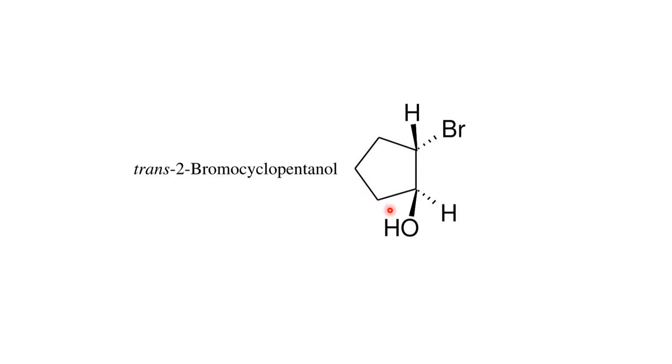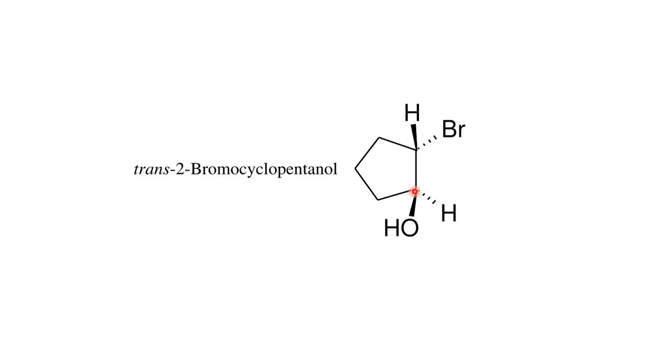Here, guys, the name is cyclopentane, so we call it cyclopenta. All the bonds are single bonds: cyclopentanol. Now with cyclopentanol, if we have only one OH, it's by default number 1. We don't need to mention the number, because OH is number 1.